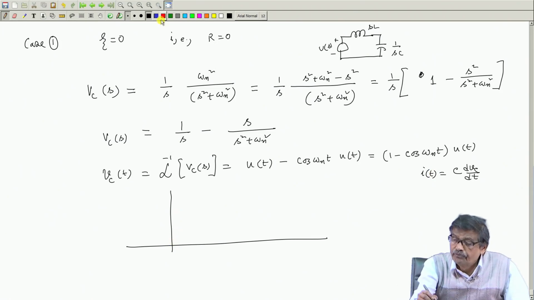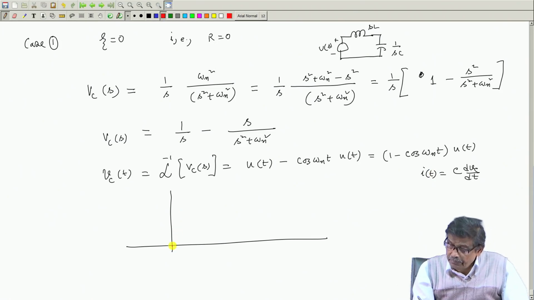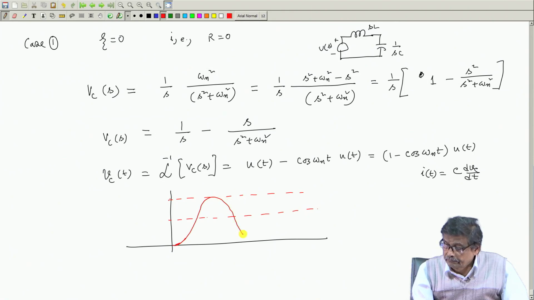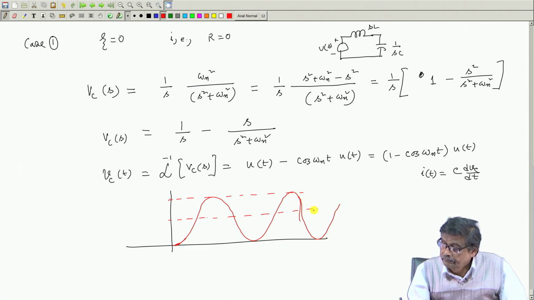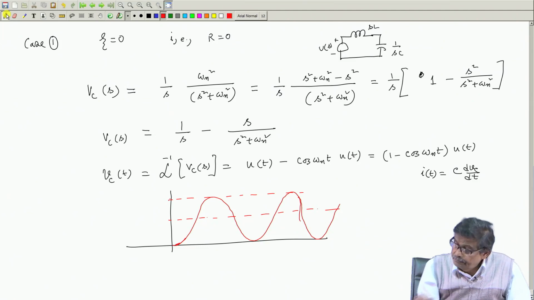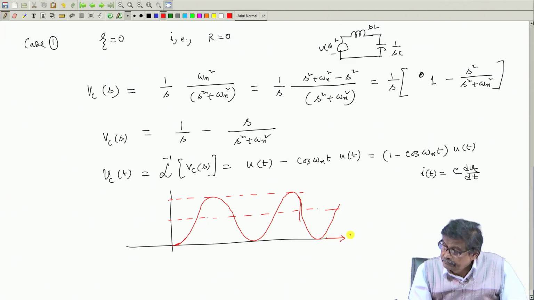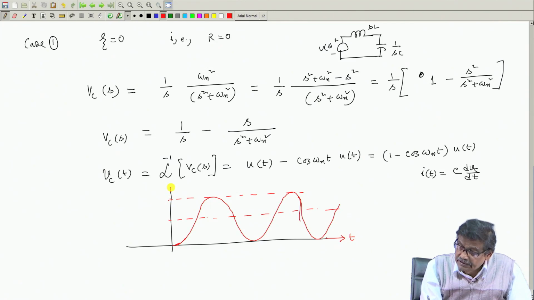Now, this waveform if you sketch, it will be something like this. This is the time axis and this is VCT.